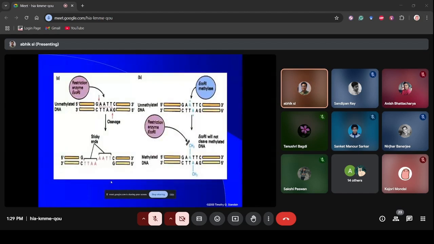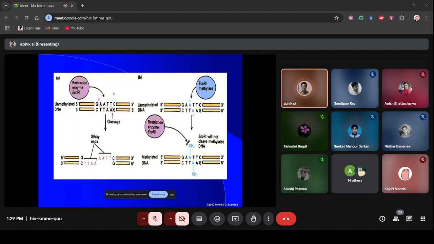So if I come back to this picture, this is the example of type 2, because it can recognize one specific sequence, GAATTC, and cut within that sequence specifically. Here it is in between G and A, but it is not true for 1 and 3.